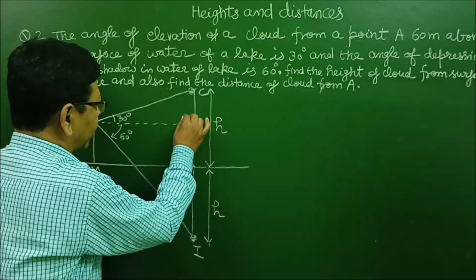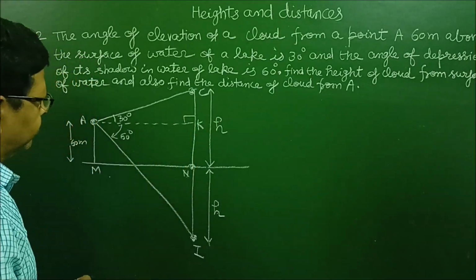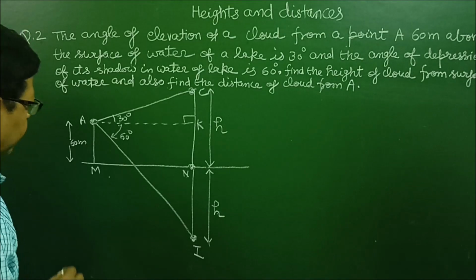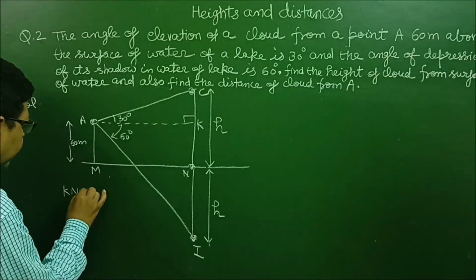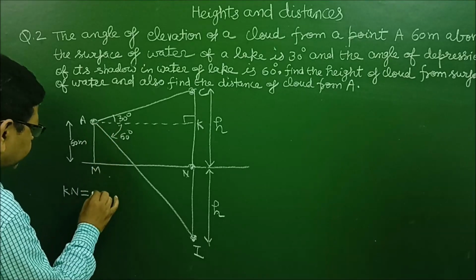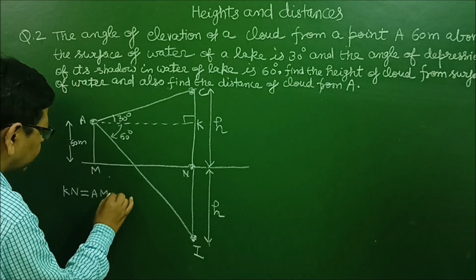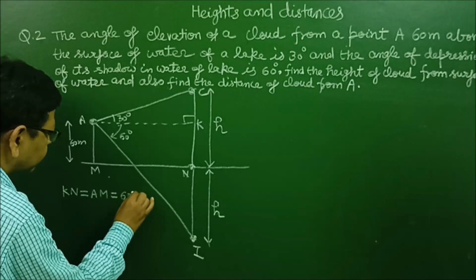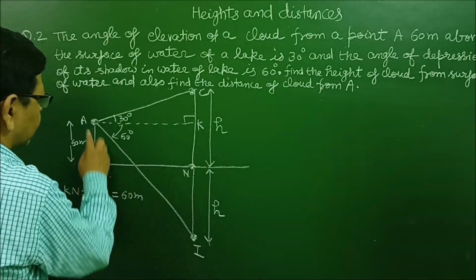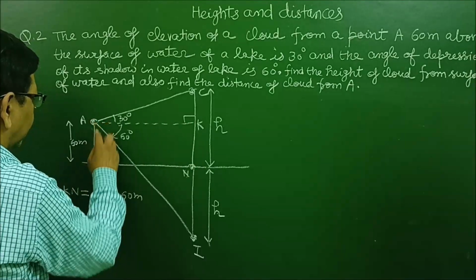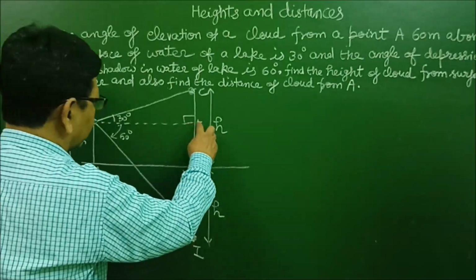Now this angle is 90 degrees. KN, here KN is equal to AM and equal to 60 meters, because this is a rectangle. AKNM is a rectangle, therefore AM is equal to KN.